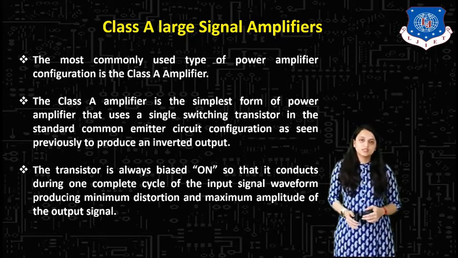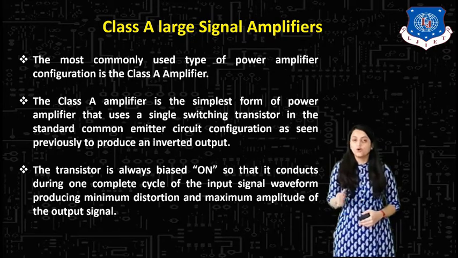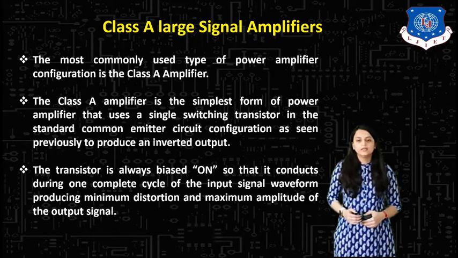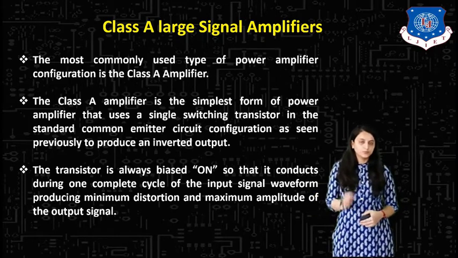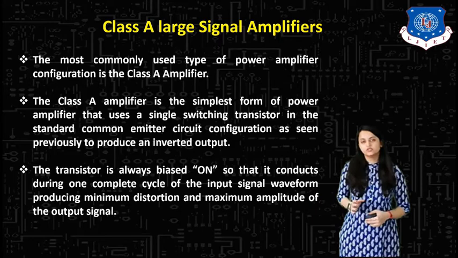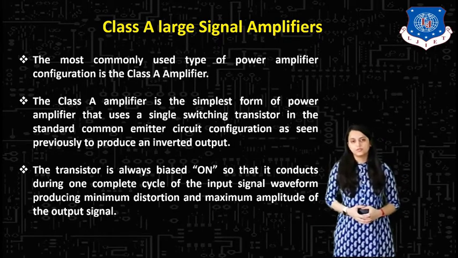Here, the transistor is always biased on so that it conducts during one complete cycle of the input signal waveform, producing minimum distortion and maximum amplitude of the output signal.